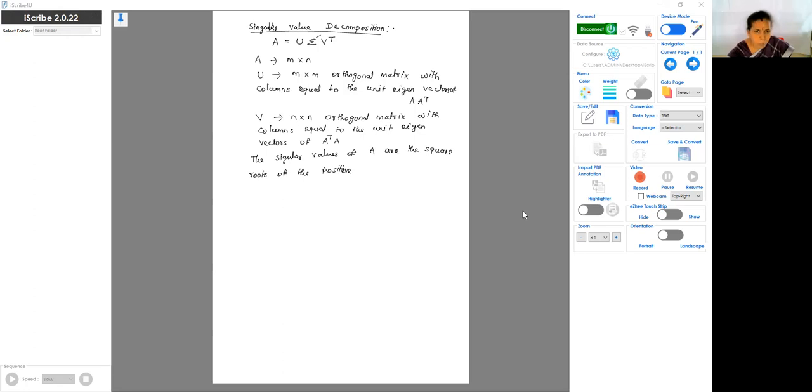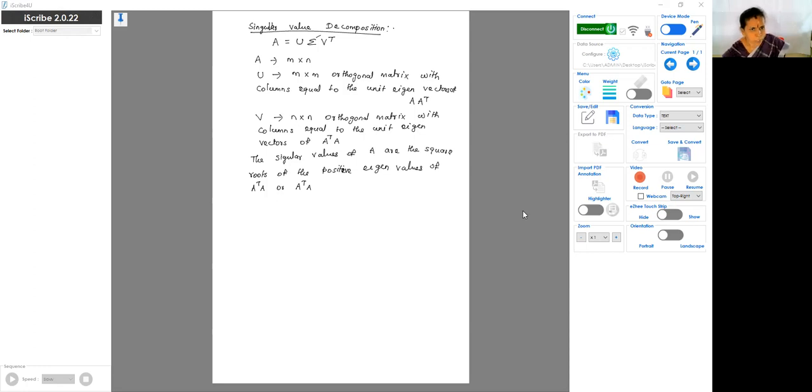We want only the positive eigenvalues, and for that, we take the square roots. The square roots of the positive eigenvalues of A transpose A, otherwise A A transpose. Both matrices have the same eigenvalues. Among them, we choose the positive eigenvalues, find the square root, and those values are known as singular values.